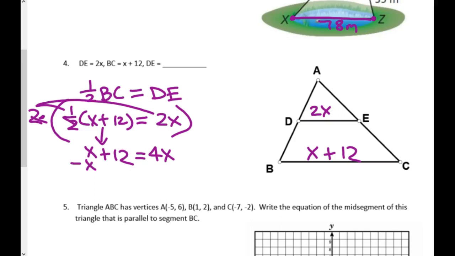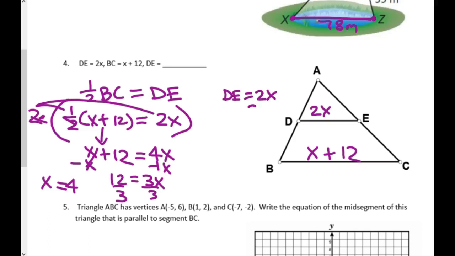I get rid of the smaller x. So I get 12 equals 4x minus x, which is 3x. Dividing by 3 gives me x equals 4. If x equals 4 and DE is 2x, then I replace x with 4. 2 times 4 is 8. Okay, so again, plug x back in to get the missing side DE, which is 8. Okay?